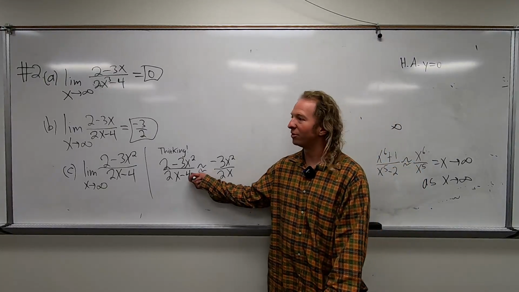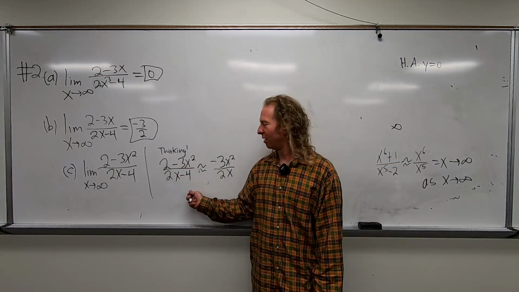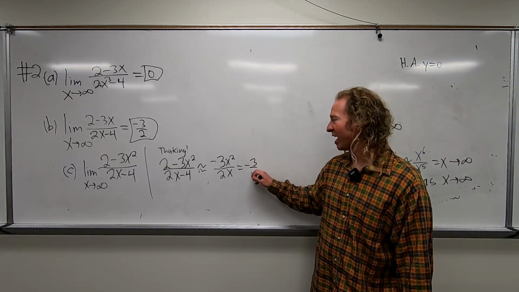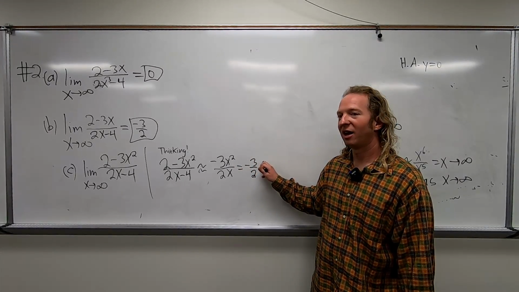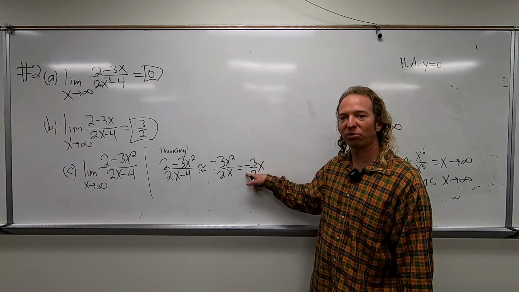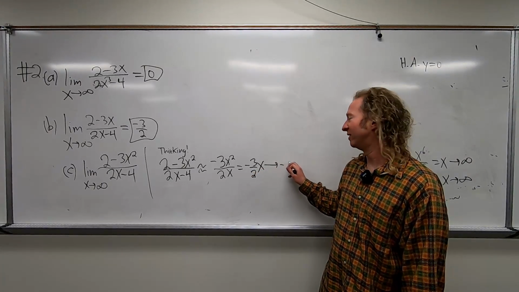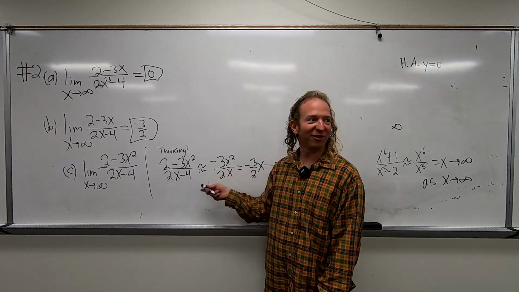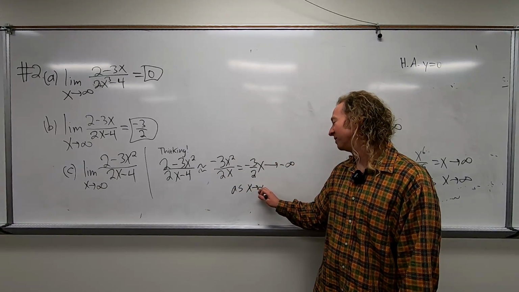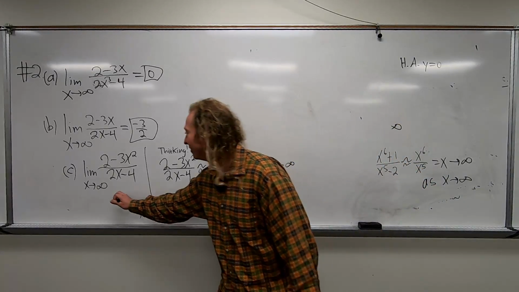Because you can drop the numbers. This is negative 3 halves times x, and x is approaching infinity, so this will approach negative infinity. Isn't that powerful, that little thing, when we think as x approaches infinity? So the answer is negative infinity. Beautiful.